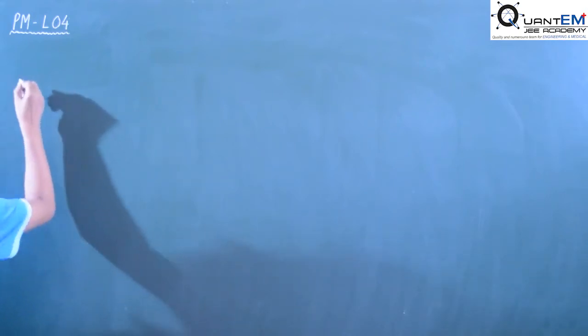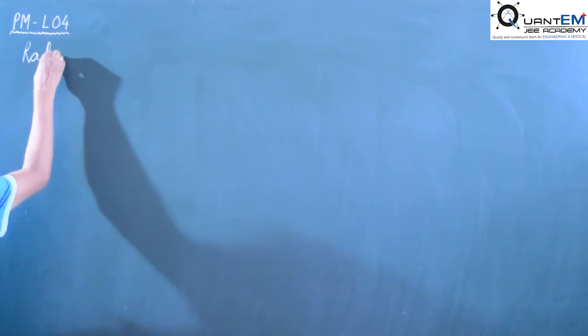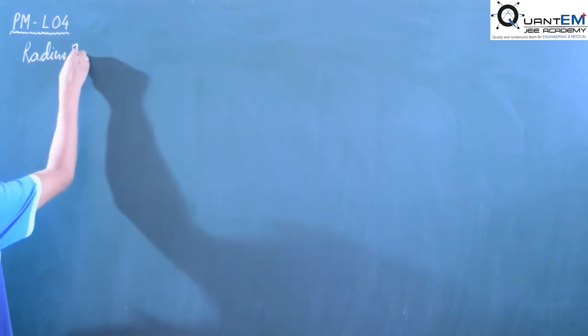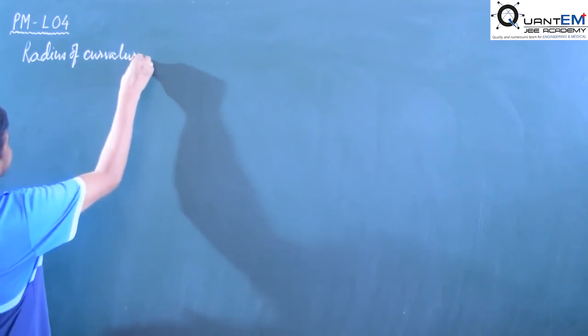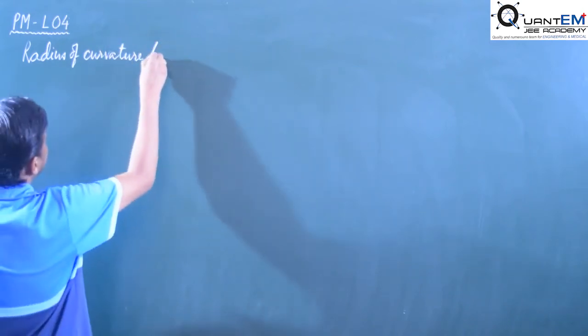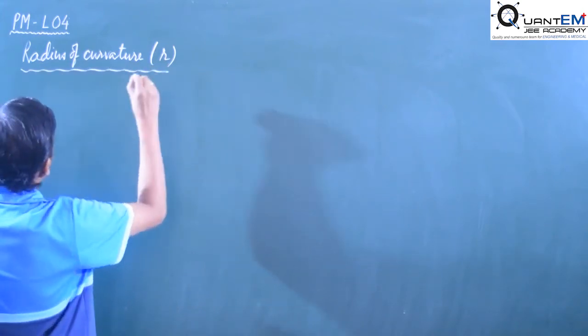Now we come to the calculation of the radius of curvature. Suppose we denote it by small r.